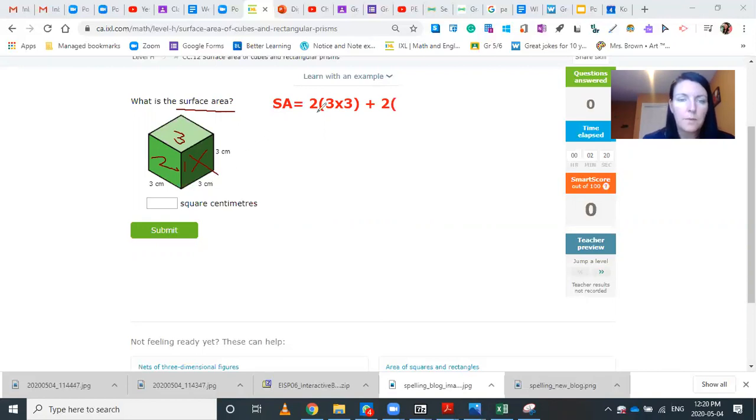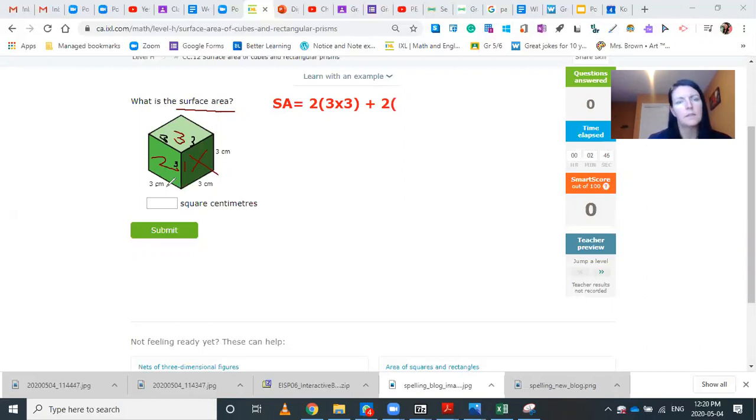So the first one, we've got 2 of those. We've got the front and the back, 2 3 by 3, and you're going to add 2 of these ones. Now remember, these sides are opposite, so we've got 3 and 3 on this side as well, and the top and the bottom.